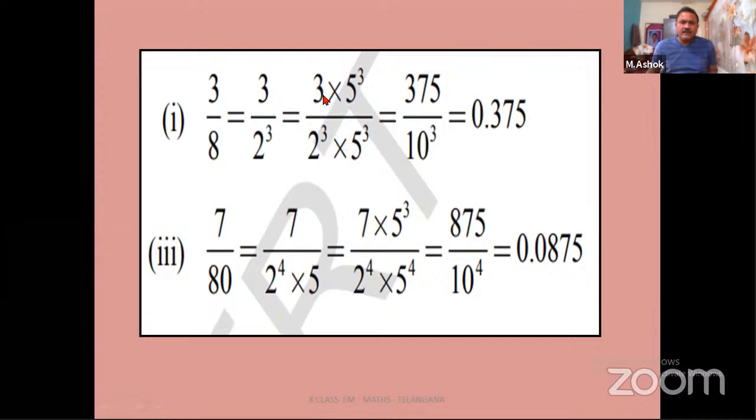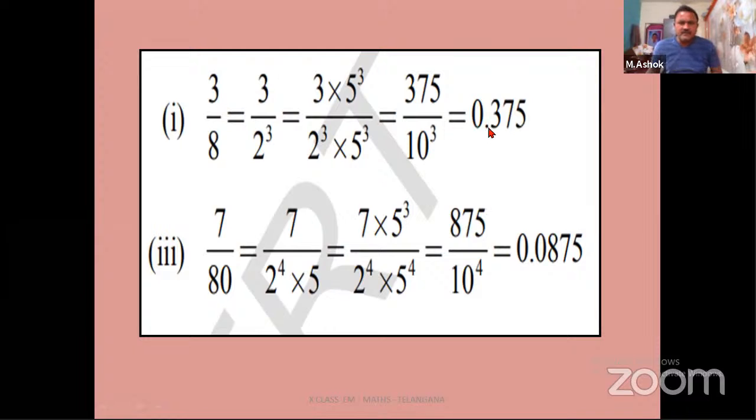So I multiply both numerator and denominator by 5 cube. Now 5 cube means 125, and 125 into 3 is 375. Here 2 into 5 is 10, so 10 cube means 1000.